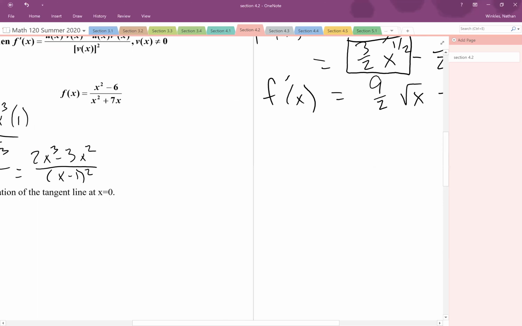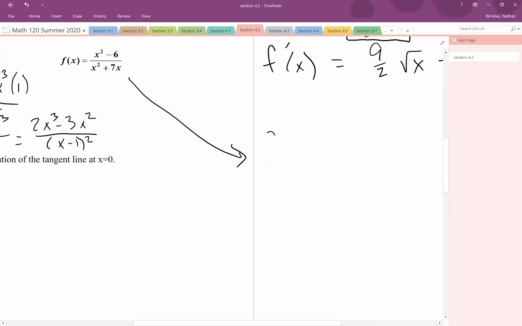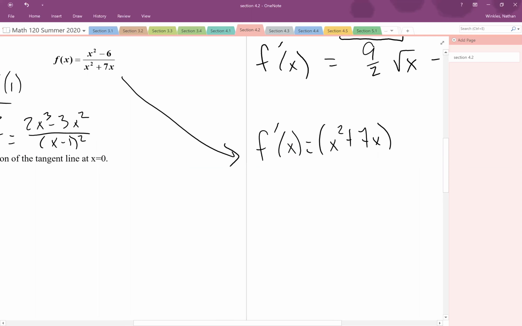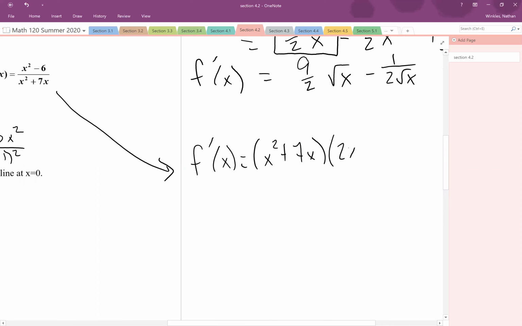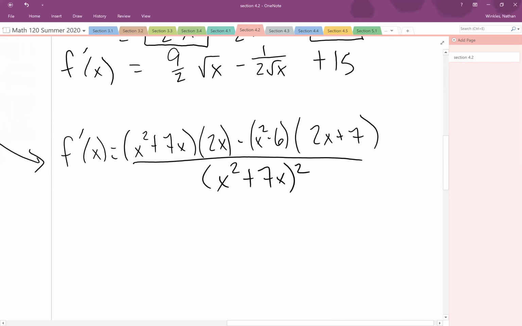For this next one, f of x equals x squared minus 6 over x squared plus 7x. So that means f prime of x is equal to low d high minus high d low, divided by low squared.